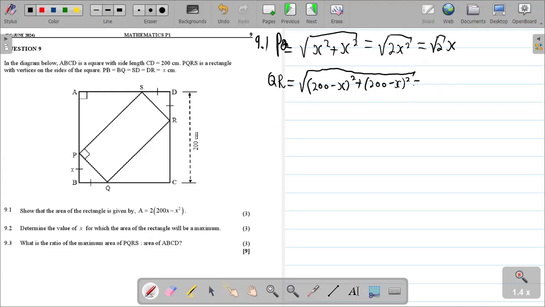So it's going to be root 2 times (200 minus x). So the square will go away here.